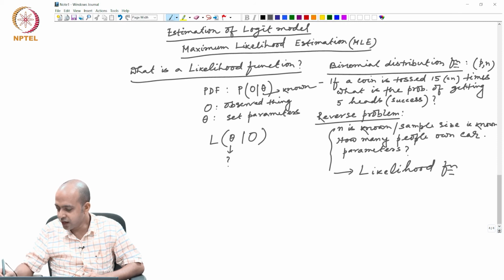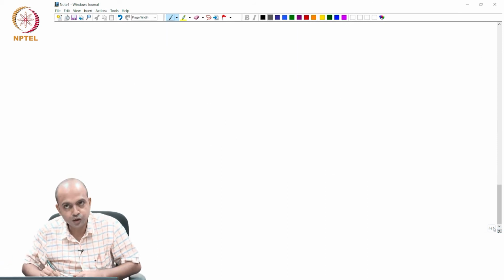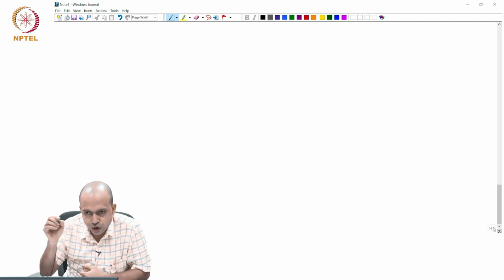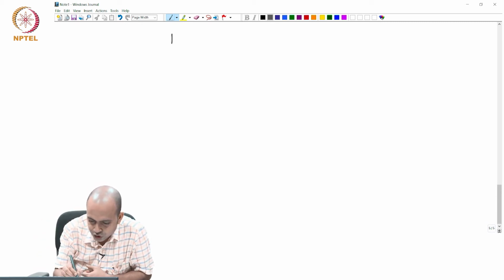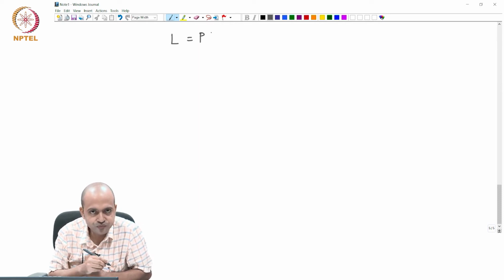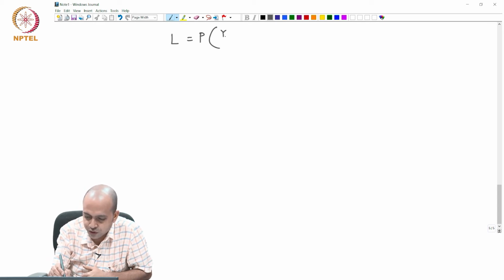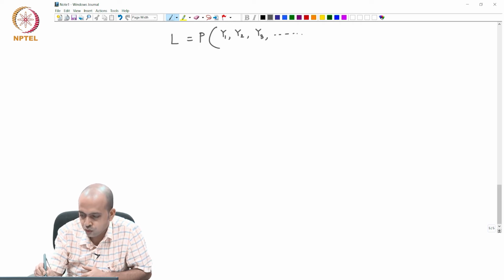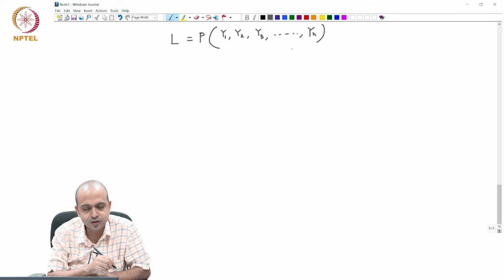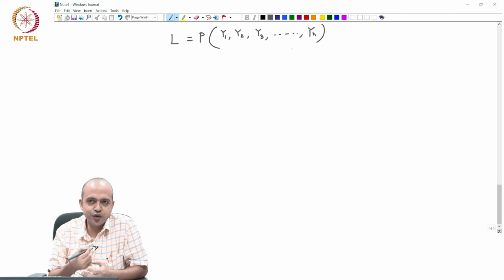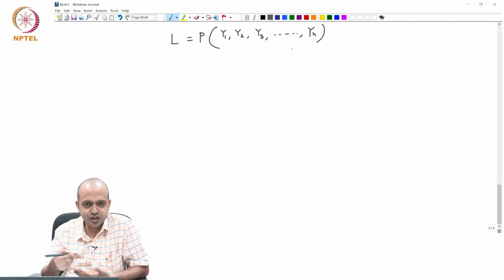Now, how will you apply this likelihood function in the context of Logit model estimation? So, let us say that the likelihood function is L, denoted as the probability of observing a sample. And as you know, the probability of observing a sample means the probability of observing y1, probability of observing y2, probability of observing y3, dot, probability of observing yn. So, your sample consists of n number of responses basically. Y takes the value 1 and 0, this is the response function.